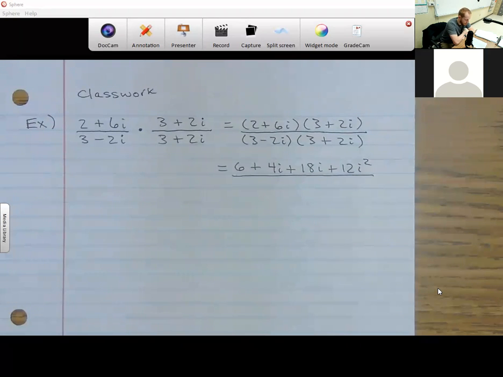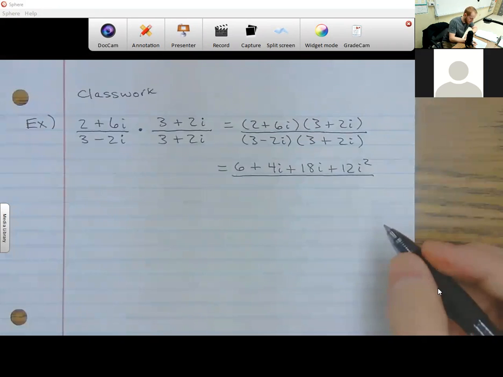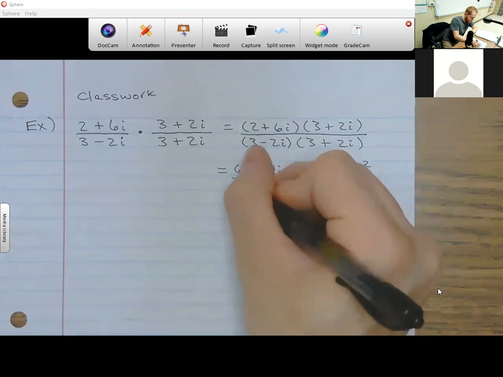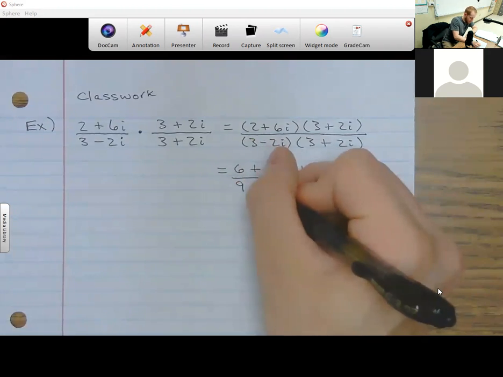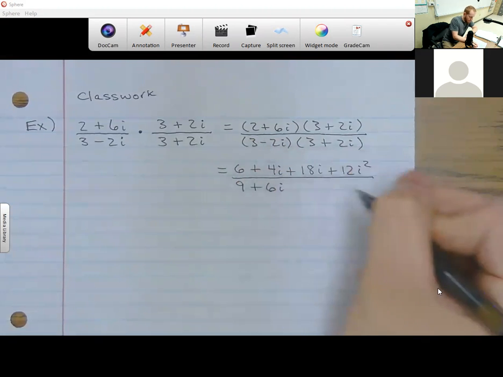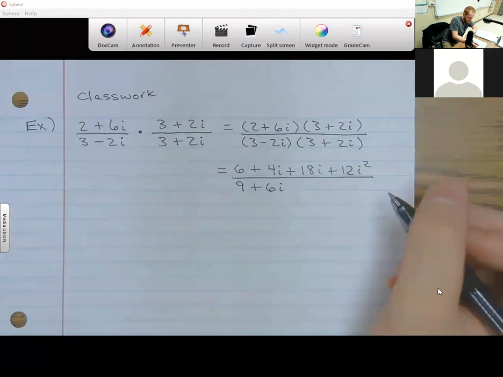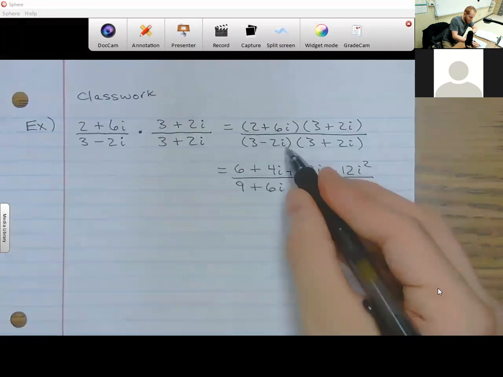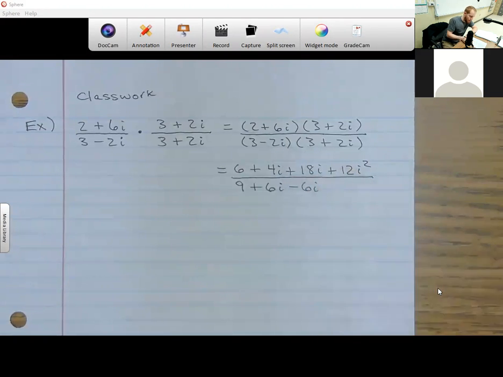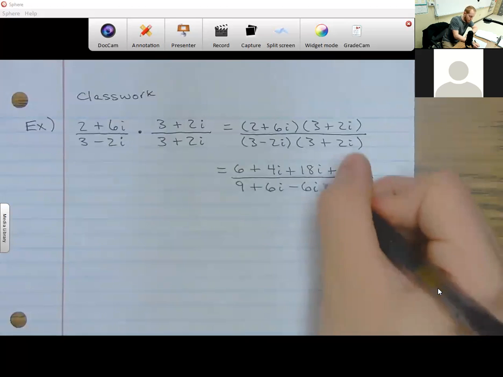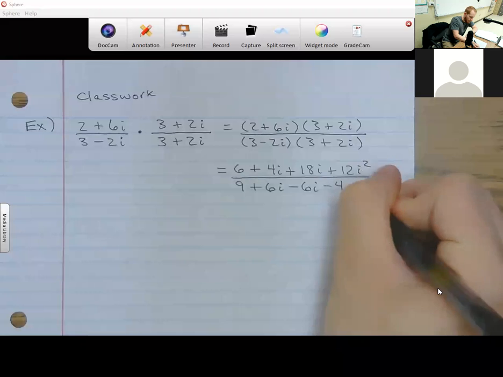What would the bottom part give me? Doing FOIL on the bottom part is actually pretty easy. 3 times 3 is 9. The outer parts are going to give me 3 times 2i, that's 6i. The inner parts give me the opposite, right? Did you catch that? Negative 2 times 3, that's going to give me negative 6i. And then my last two terms are going to give me negative 4i squared.